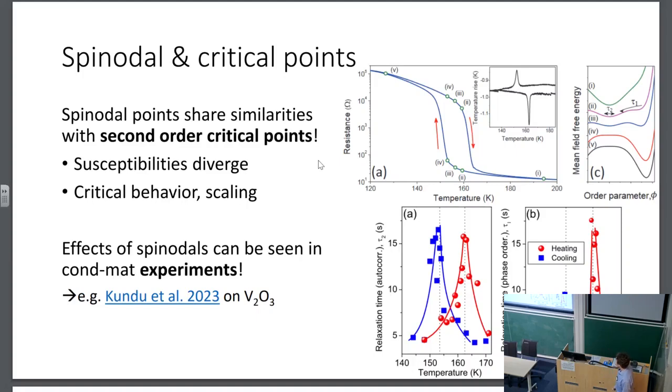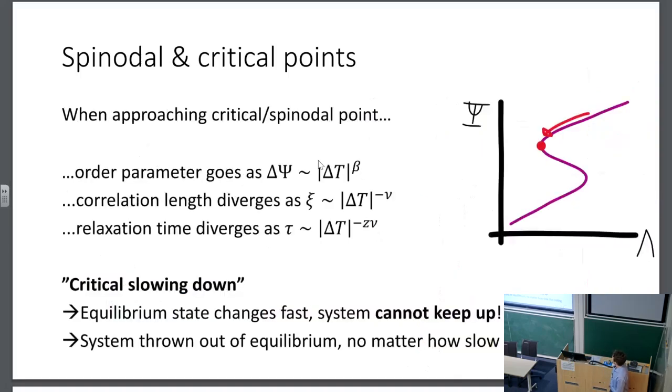And what's nice is that there are condensed matter experiments that claim to see these effects, where they can supercool the system and get very close to the spinodal, and they claim to see signs of this scaling. Okay, so there are various materials that you can do this on.